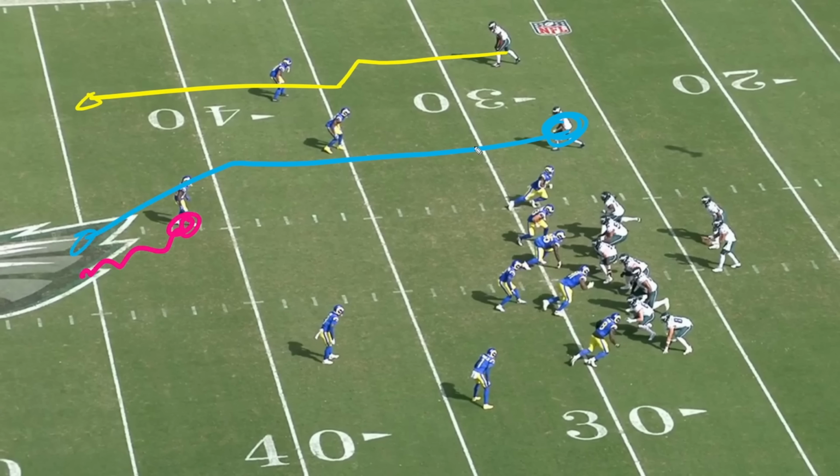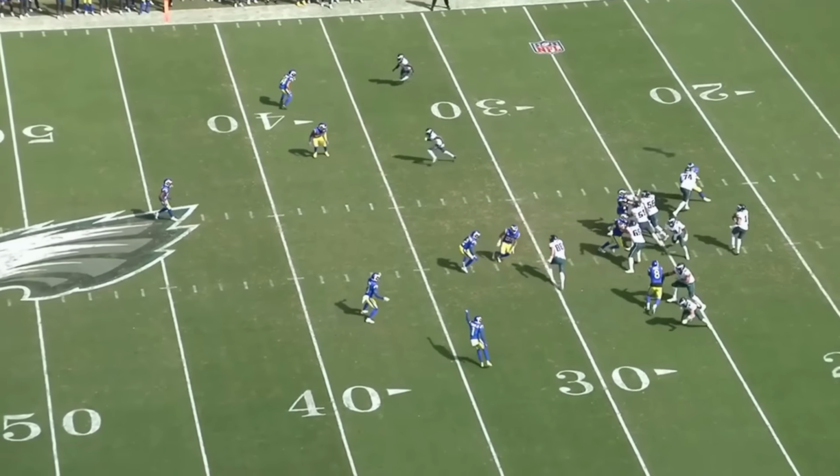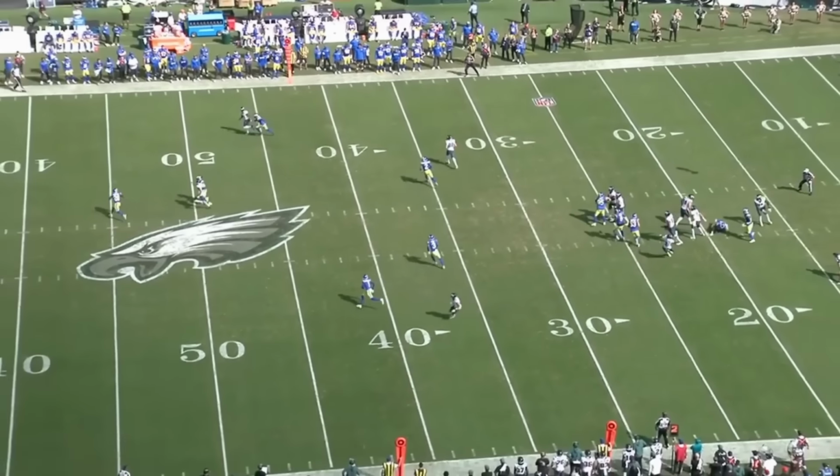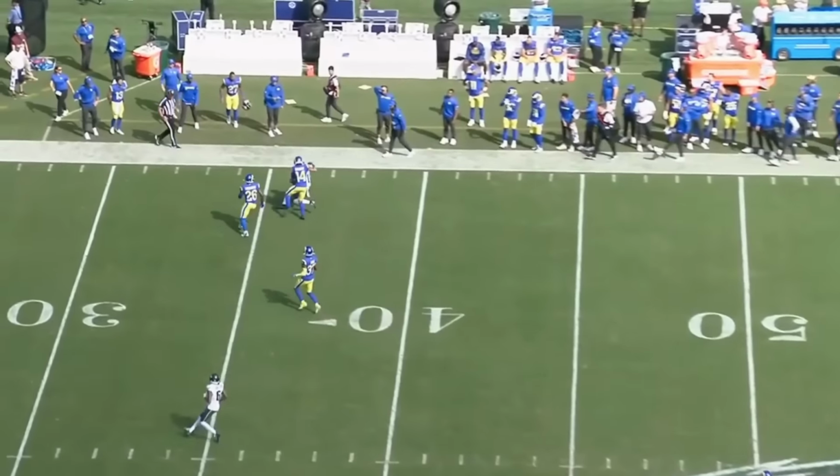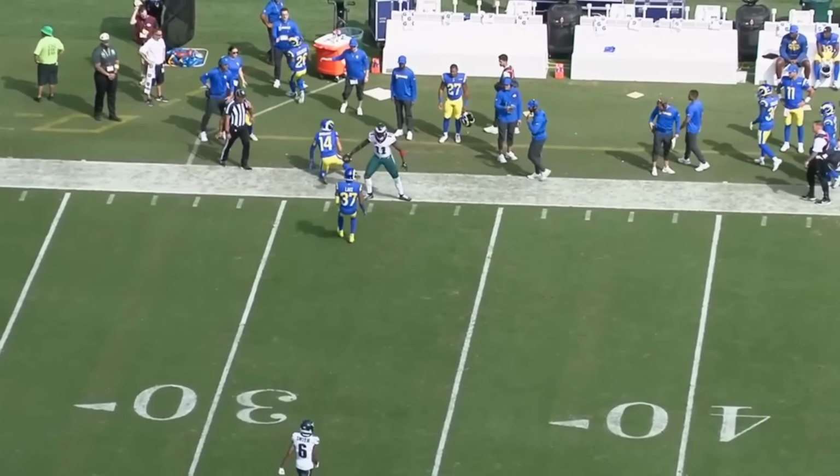Middle field closed, this inside slot will hold that safety. He won't just be able to buzz out over the top in any sort of middle field close. He's responsible for helping on that vertical of number 2. So that safety holds. He can't get over there. You've got to get the ball up and down, and that's a beautiful catch, touch, everything.